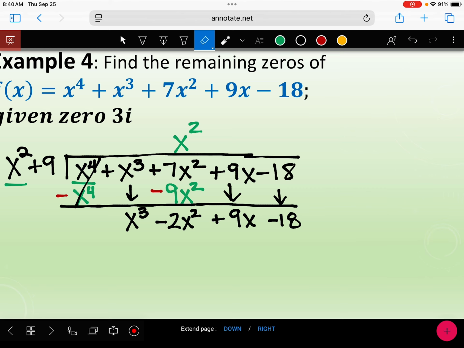So now what's my first term? It's no longer x to the fourth. What's my first term? X to the third. We're going to divide that by x squared. That's just going to give me an x. Put that on the roof. See, I'm building my quadratic.